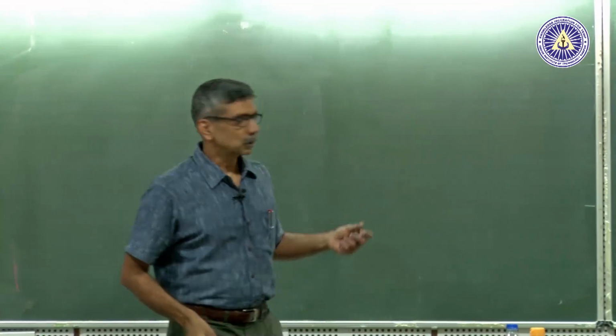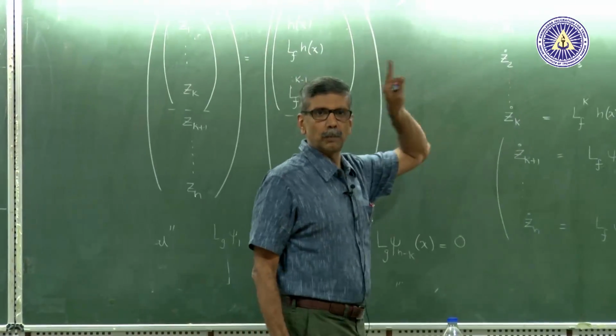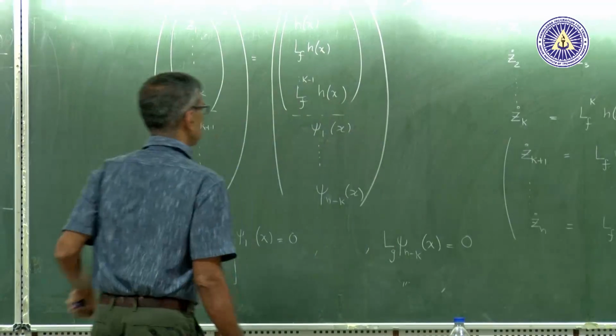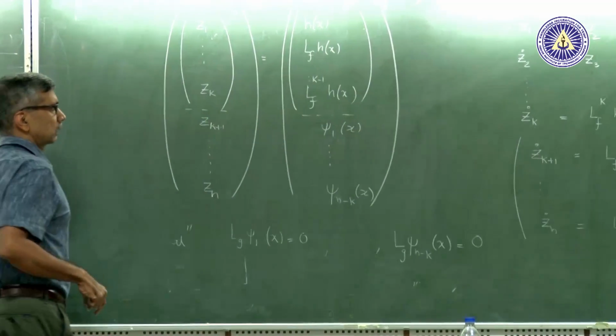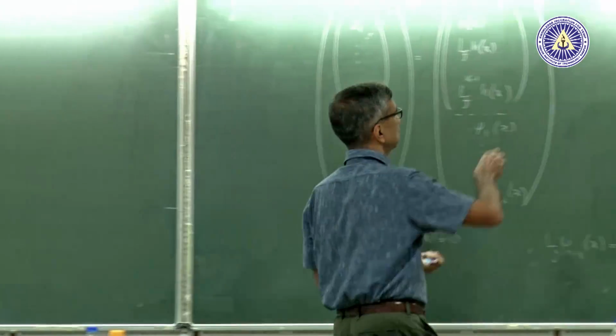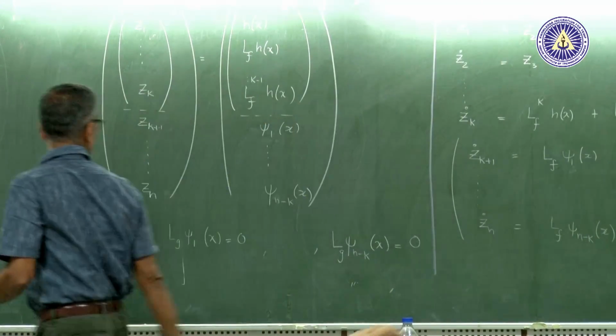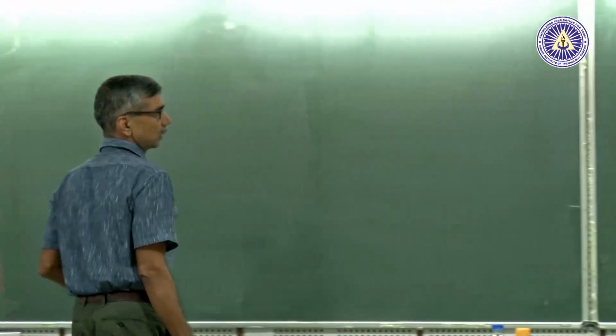Okay, so we have landed up in this form. So now, having got this set of transformed coordinates and got our system in this transformed coordinate set, we will do the following.